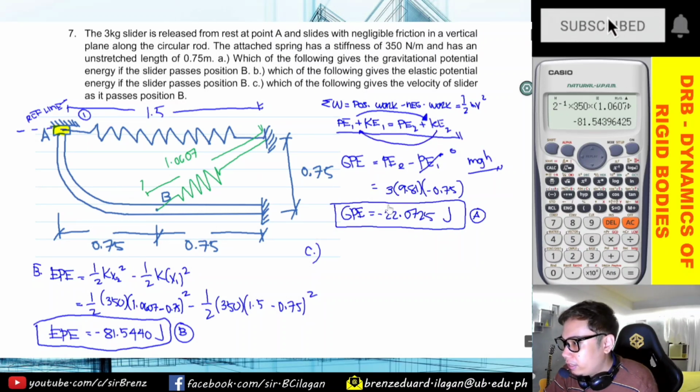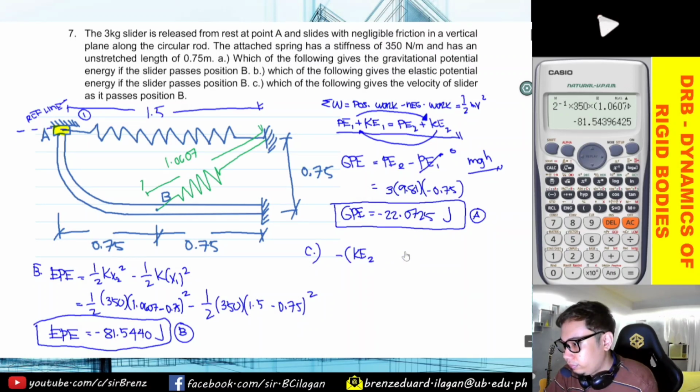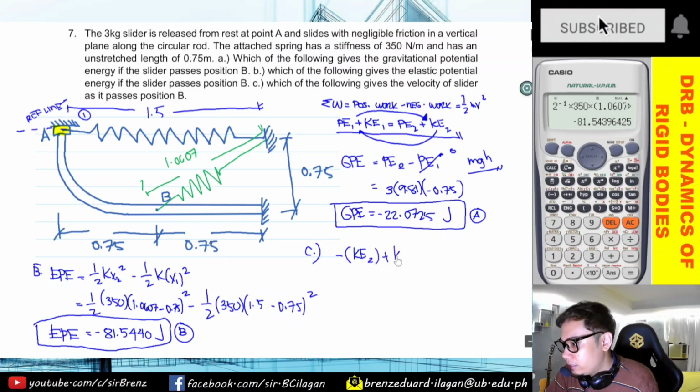So, magma-minus. So, nangyari, negative KE2 plus KE1. Ayan. So, KE2 plus KE1 is equals to PE2.